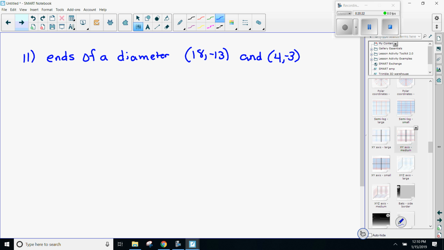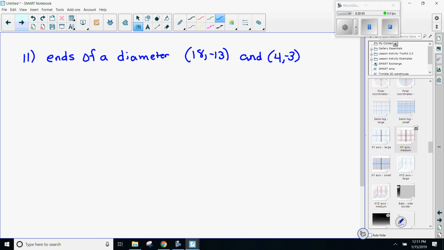Oh my goodness, now how are we going to do that? If those are ends of the diameter, what do you know? They're points, right? And if I can find the distance between them, if I split it in half, it is going to be the radius.